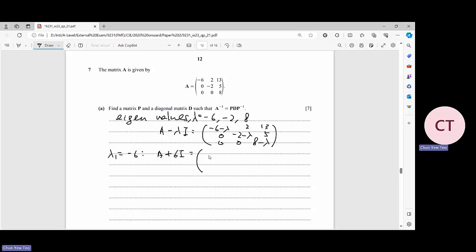So you will get 0, 0, 0, 2, 4, 0, 13, 5, and then 2. You can see that I will use these two rows of the matrix to find the eigenvector. So I will use these two rows and find the determinant.